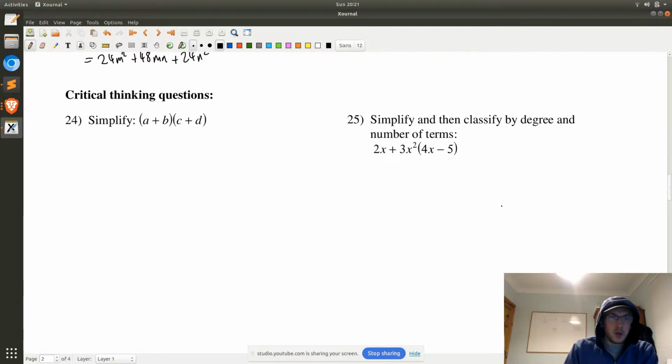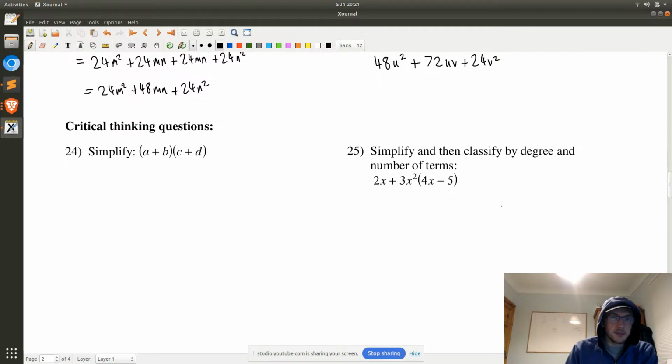Okay, critical thinking. Simplify this. I don't know what that means by critical thinking, but here we go. AC plus AD plus BC plus BD. Simplify and then classify by degree and number of terms. Sure, 2x plus 12x cubed.